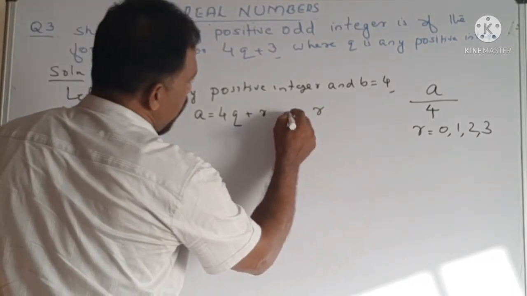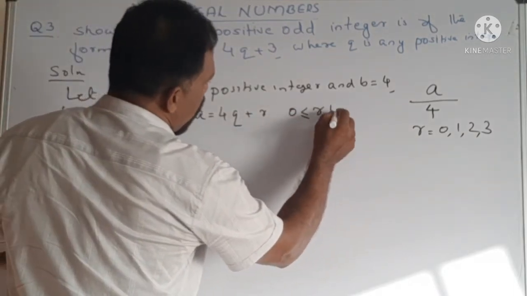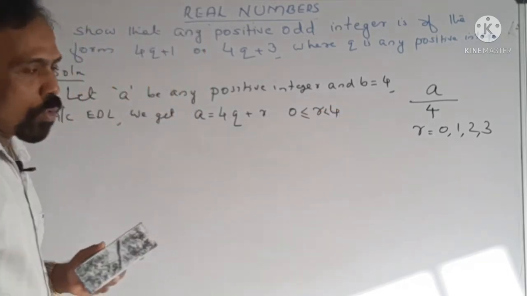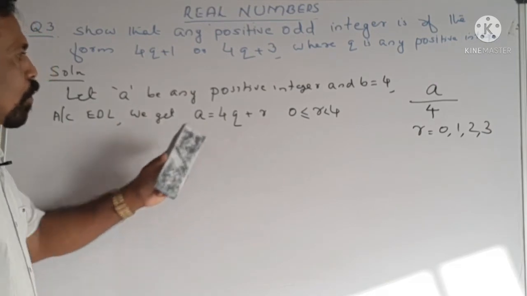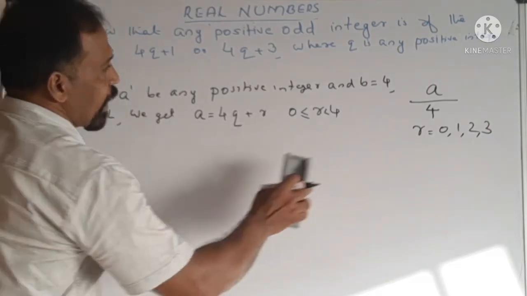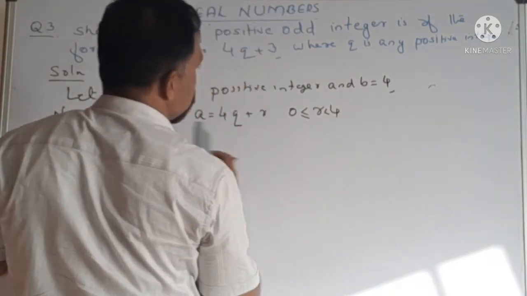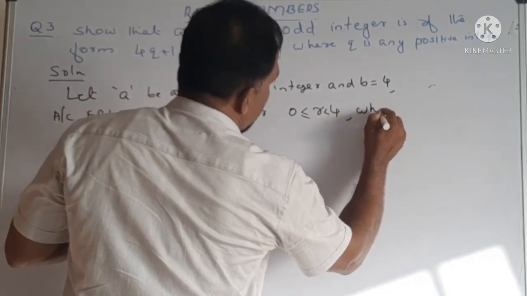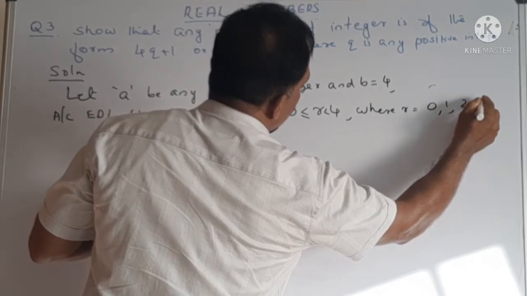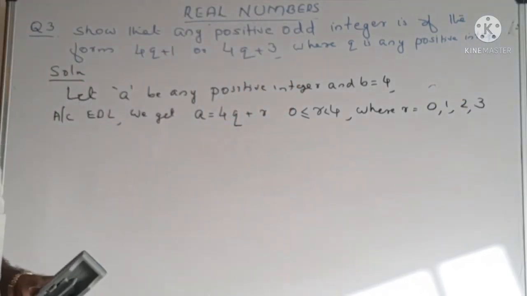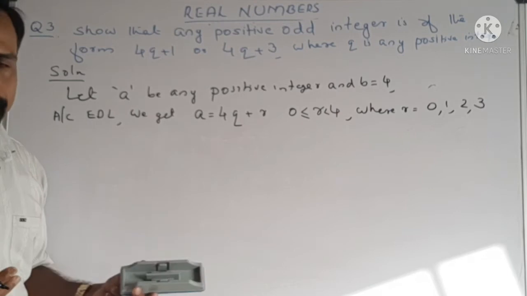R can be either 0, 1, 2 or 3. It cannot take the value of 4. So there are 4 cases where r is 0, 1, 2 or 3. Now we will take each case.